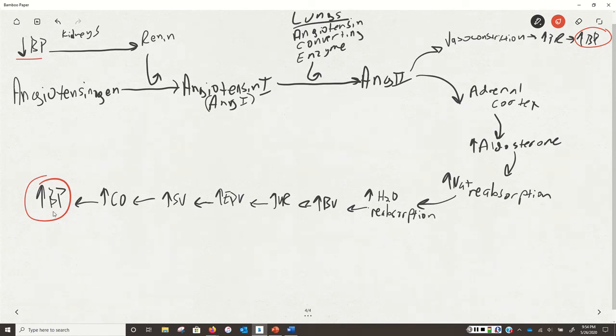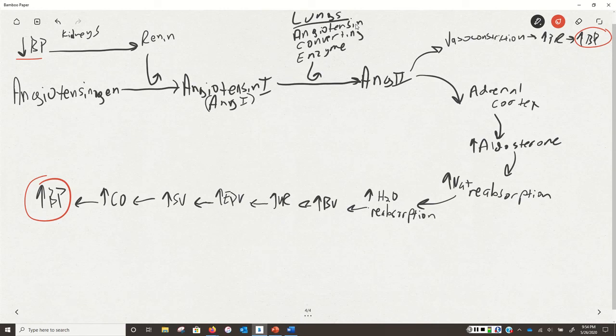Now, while we're on this picture right here, I want to talk about right up here. Sometimes we might not want someone to have elevated blood pressure. Sometimes this may be happening when we don't want it to happen.